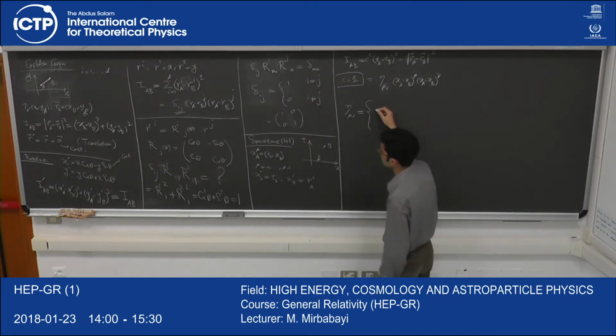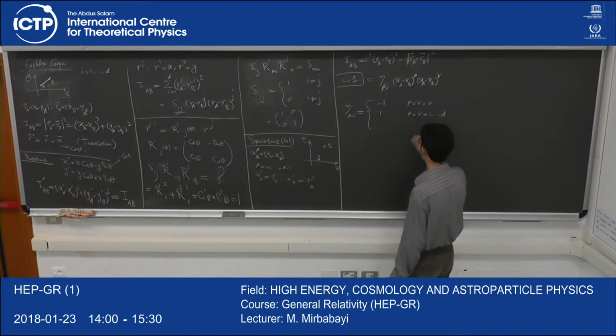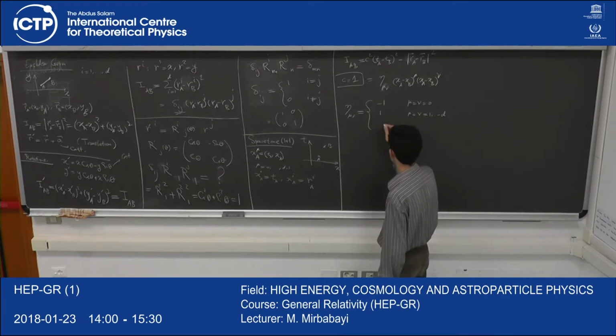It's defined as follows. Eta is equal to minus 1 when mu is equal to nu equal to 0, and it is 1 when mu is equal to nu and they run from 1 to d, so when it is a spatial index, and it is 0 otherwise, when mu is not equal to nu.